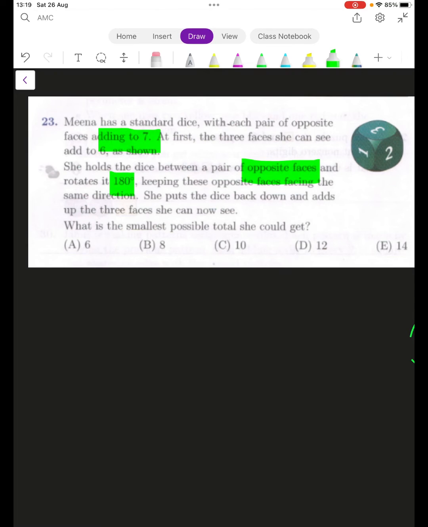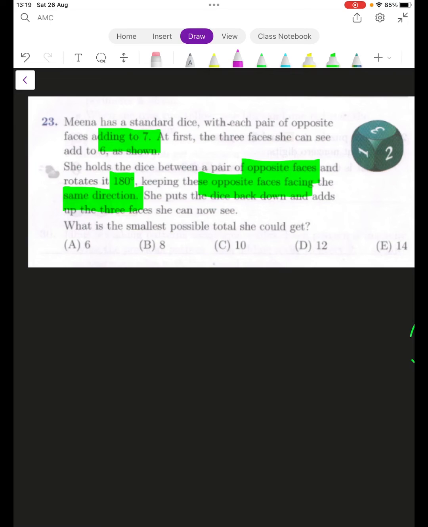So she holds the dice between a pair of opposite faces and rotates it 180 degrees. So she's flipping the dice, but there's a condition. She keeps these opposite faces facing the same direction. That means she's holding the two faces. Those two faces do not move, but the other faces rotate.